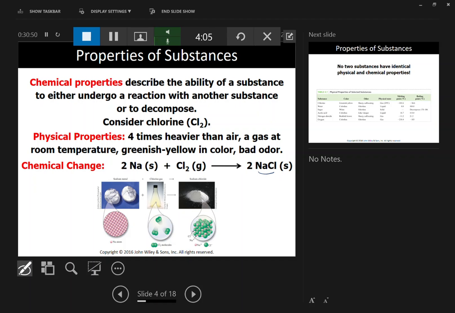It is not toxic anymore, whereas sodium metal or chlorine gas by themselves are toxic. So sodium and chlorine react with each other, undergo a chemical change, and from that chemical change, sodium chloride is formed, which has different chemical and physical properties than what it's made of, which are sodium and chlorine.